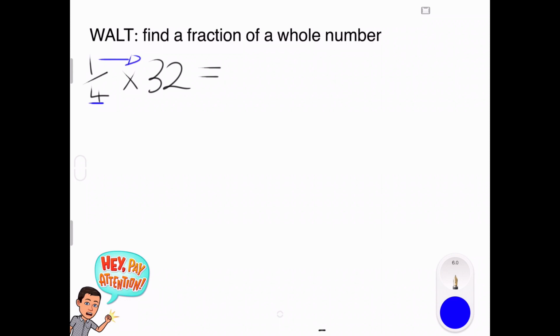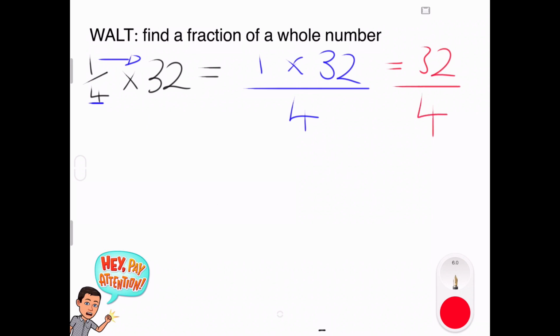Okay, so we're going to multiply our numerator, which is 1, by 32. Okay, that's what we're going to do. Like I said before, our denominator is going to stay exactly the same. So I've got 1 times 32. To find out 1 times 32, I'm just going to multiply them together, which I know is 32 over 4.